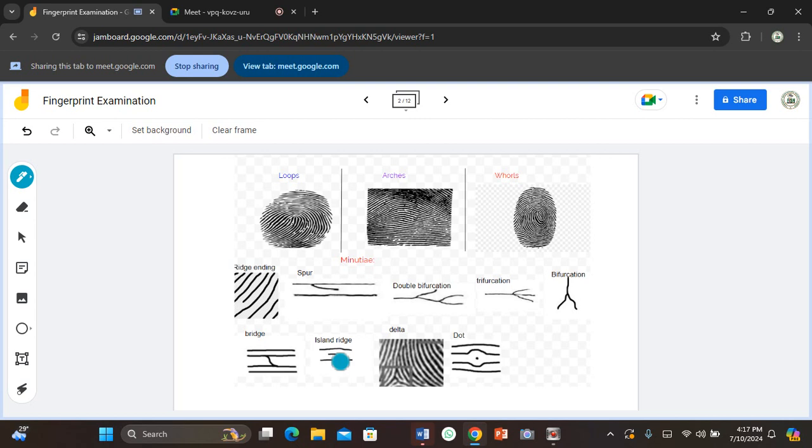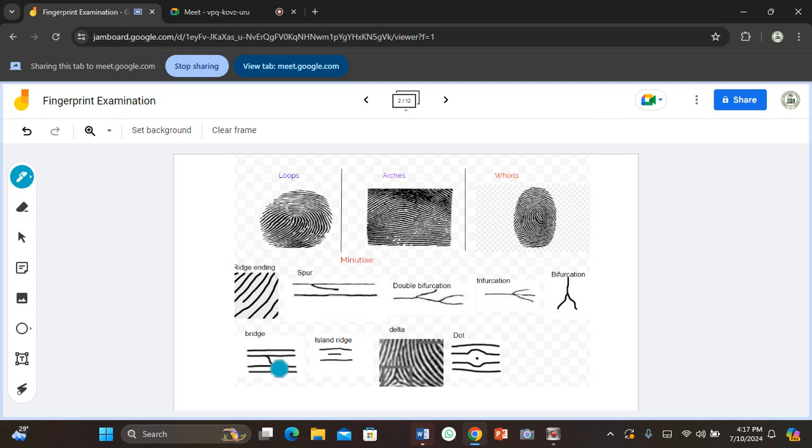Then you have dots. Now, before I go to that one, this is a bridge. When you have a ridge that is going like this, another one branches from it and joins another line that is going parallel to it. So we call that one a bridge. That is a ridge bridging two ridges.